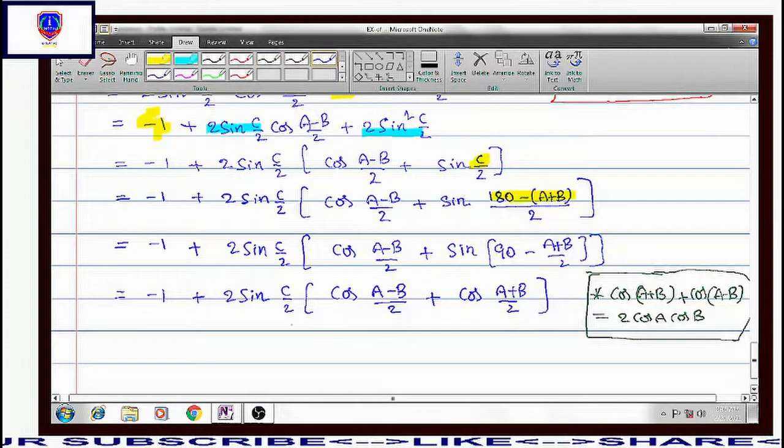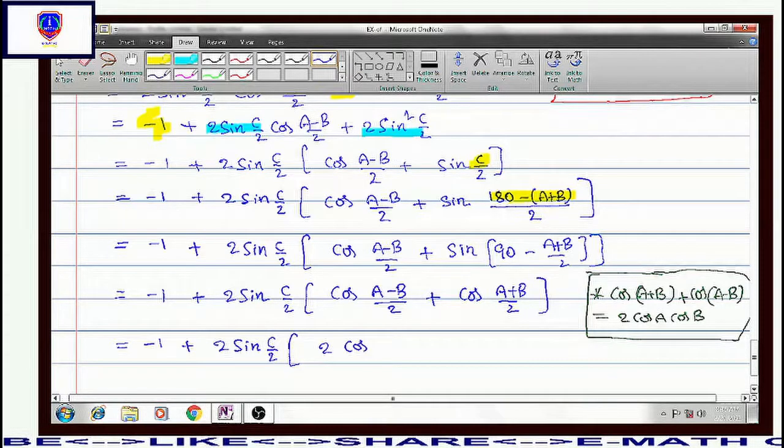So now minus 1 plus 2 sine C by 2 of 2 cos A by 2 cos B by 2.